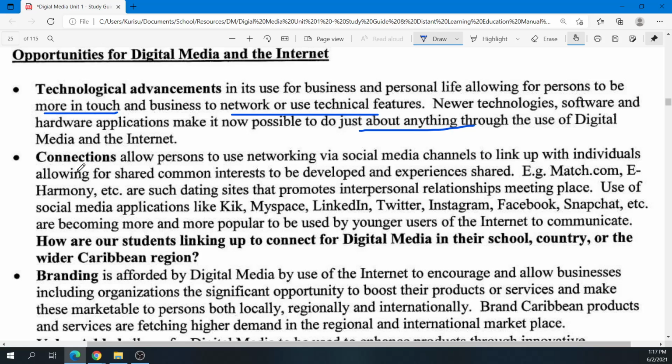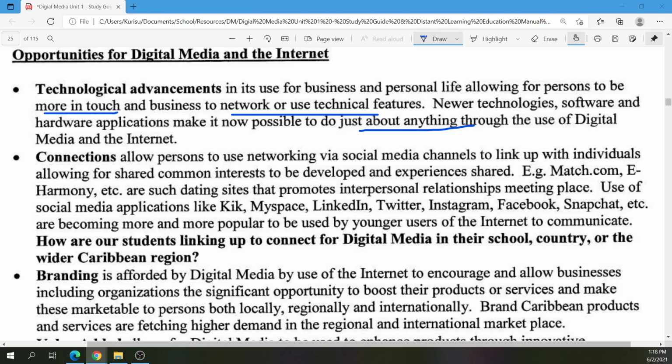Use of social media applications like Kik, MySpace, LinkedIn, Twitter, Instagram, Facebook, Snapchat, etc. are becoming more and more popular to be used by younger users of the internet to communicate. How are our students linking up to connect for digital media in their school, country, or wider Caribbean region?